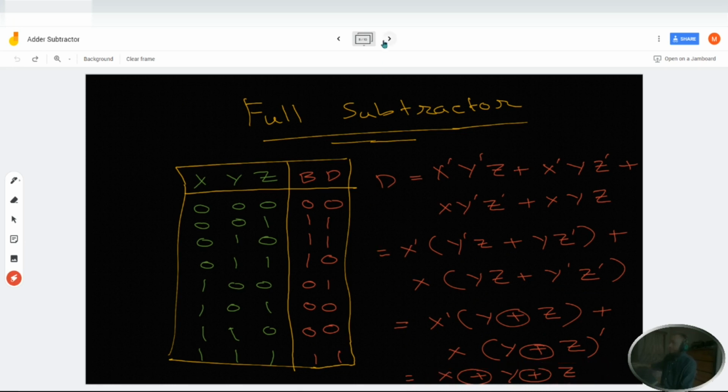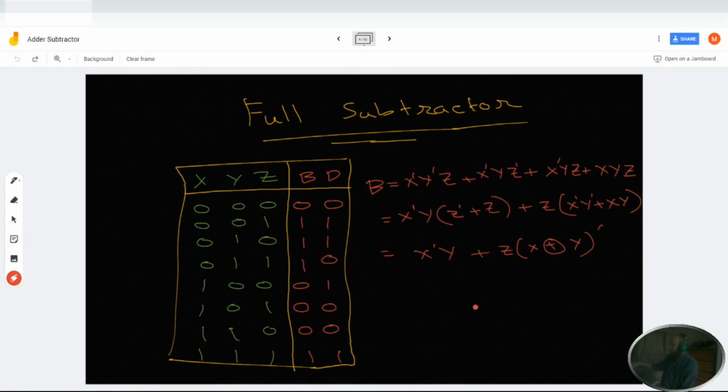Now let's see how we can find the expression for borrow. For borrow we have 1 here, so we will write x prime y prime z. For this one we will write x prime y z prime. For this one x prime y z, and for this one x y z. From this term and this term we can see we have x prime y common, so we can write x prime y into z prime plus z.